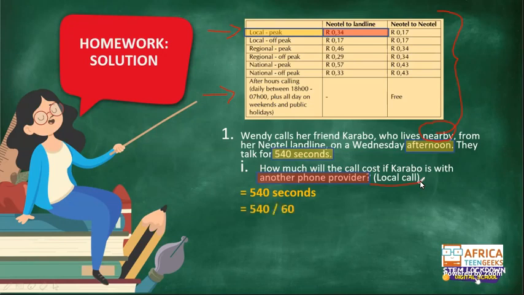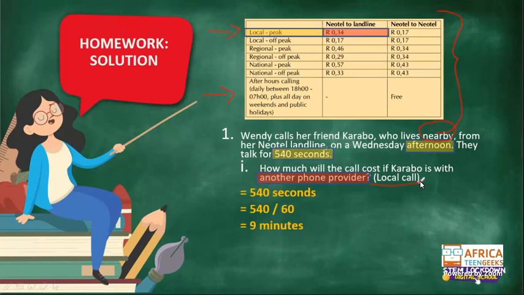So we just divide 540 divided by 60, and that gives us 9 minutes. Okay, and now we can also see up here, it is a different phone provider. So we're not going to use Neotel to Neotel, we're going to use Neotel to landline.